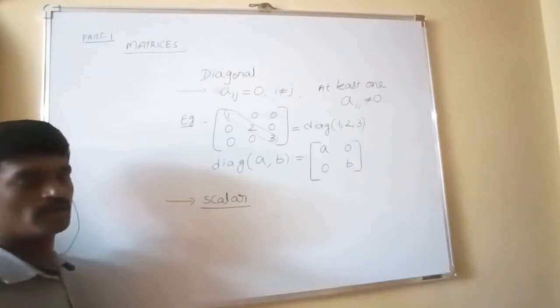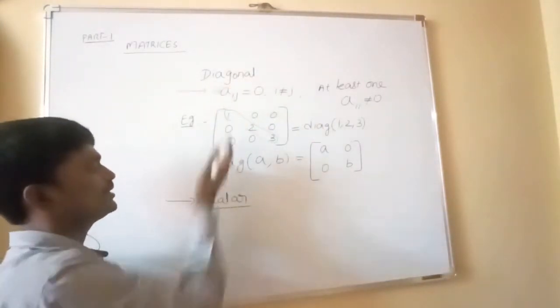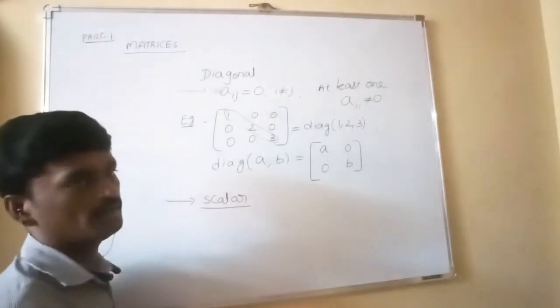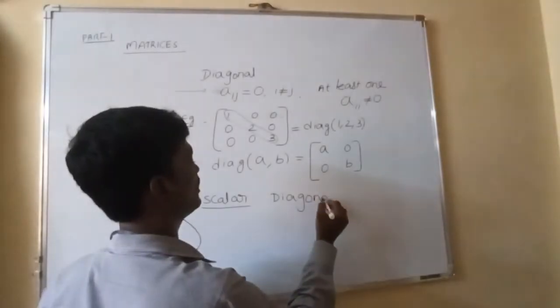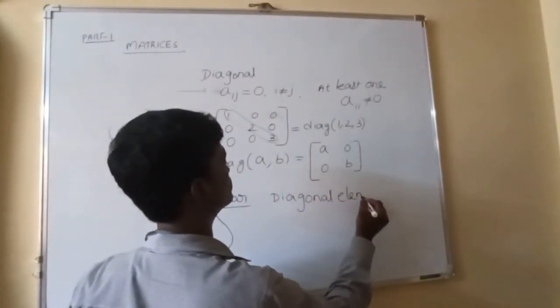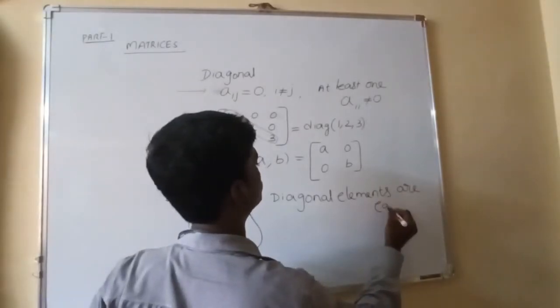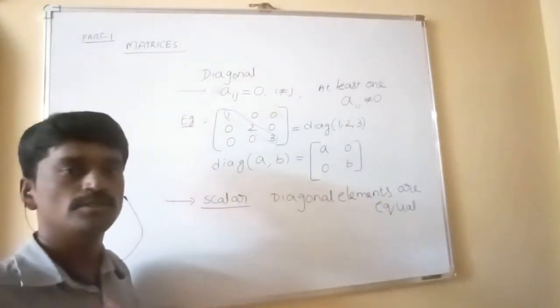After the diagonal matrix definition, the next important definition is the scalar matrix. A diagonal matrix is said to be a scalar matrix if all its diagonal elements are equal, and they should not be equal to 0.